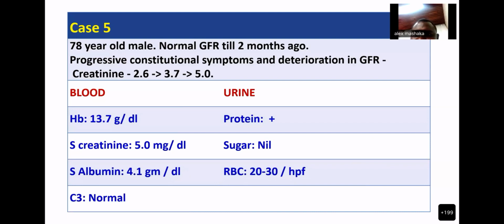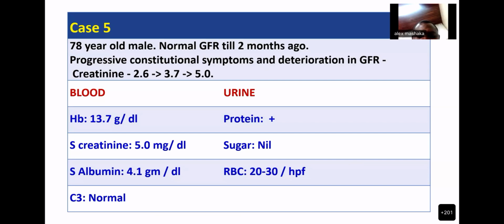So currently presented with progressive constitutional symptoms and a deterioration in the glomerular filtration rate, with creatinine rising from 2.6 to 5.0. So blood investigation showed a hemoglobin level of 13.7 gram per deciliter, which is normal for this age group. Serum creatinine was 5.0 milligram per deciliter, which is elevated. Serum albumin was 4.1 gram per deciliter, which is relatively normal.